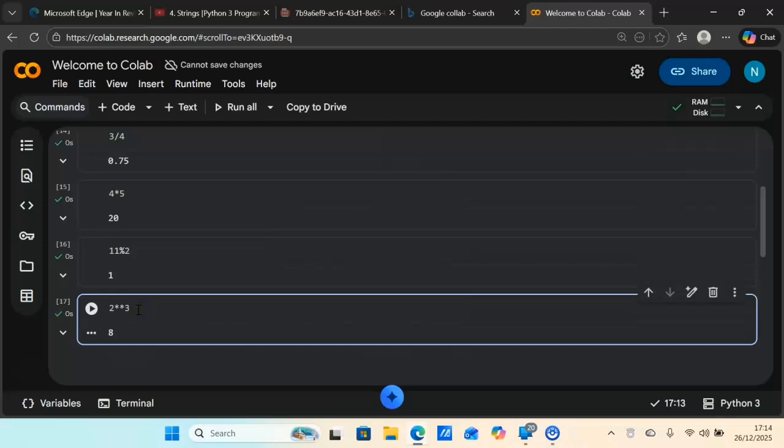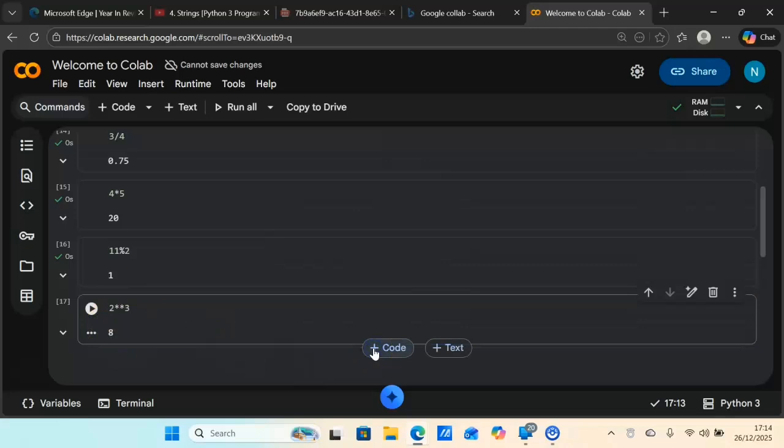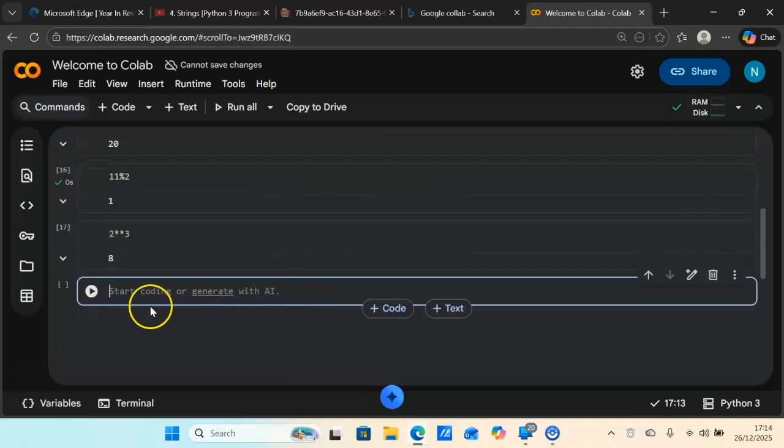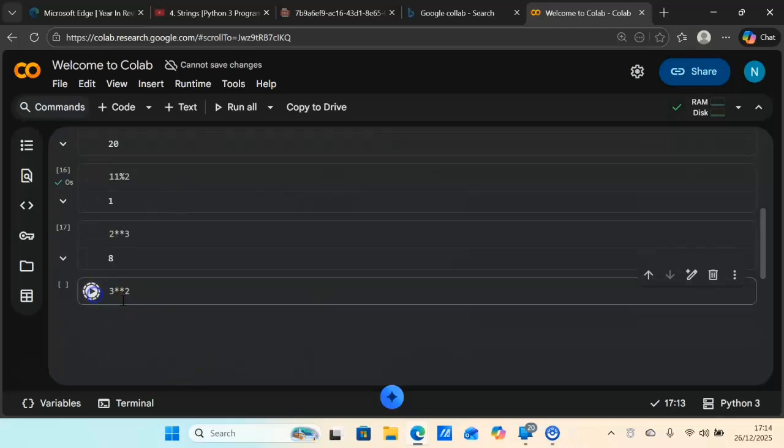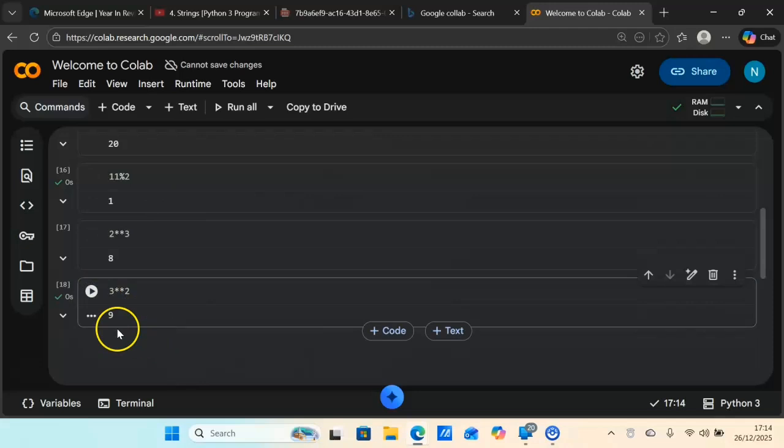I'm seeing 8. Sorry, yeah, 8. I had in mind to do 3 raised to the power of 2. So let me do that next. 3 raised to the power of 2, 3 double star 2. When you do this, you have 9.